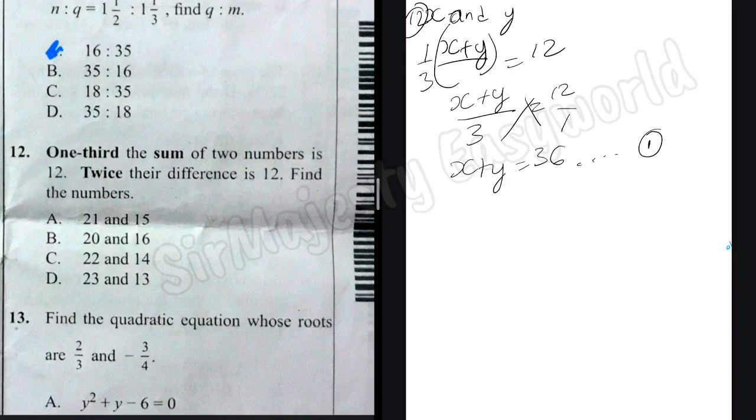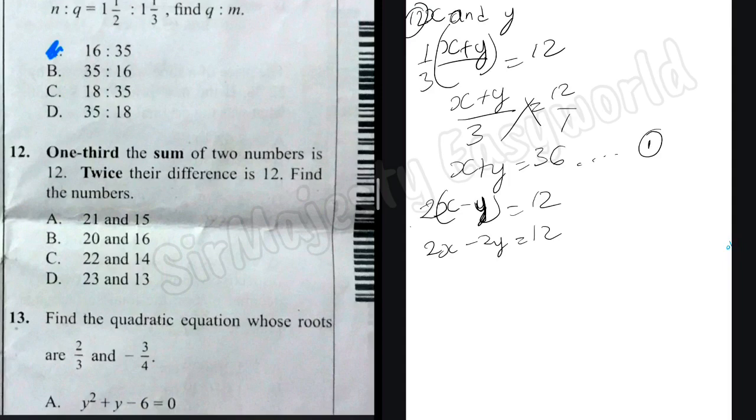So I'm going to continue this question. Twice the difference is 12. Find the numbers. Remember, the difference is subtraction, so let's say the subtraction was x minus y. Twice their difference is 12, so that's 2(x minus y) is equal to 12. 2x minus 2y is equal to 12, multiplying 2 by everything inside the bracket.